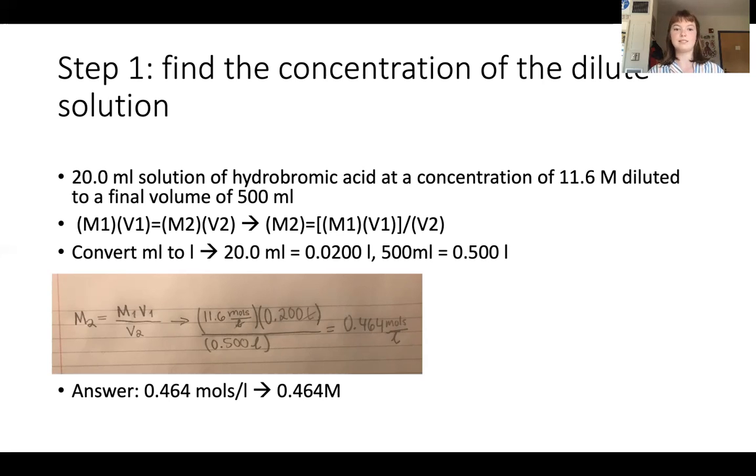So 11.6 moles per liter, which is M1, times 0.0200 liters, which is V1, divided by 0.500 liters, which is V2, will give us what we need. So liters will cancel on the top, and we end up with 0.464 moles per liter, or 0.464 molar.